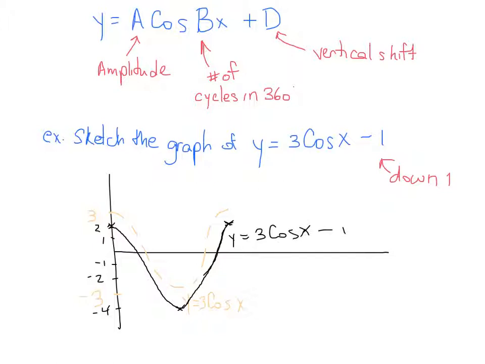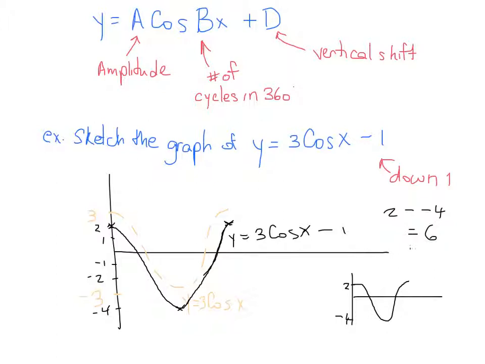Now if you were looking at a graph that did have a vertical shift, and you were asked to identify the graph, so you weren't asked to draw it and you just saw the end product, and you were asked, what is my equation here? Well, you'd recognize that it's cosine. You'd recognize that the entire height here is 6. You could do that by doing 2 minus negative 4.